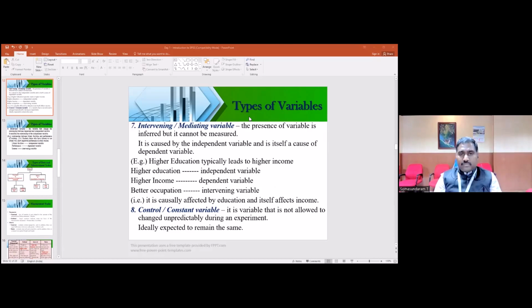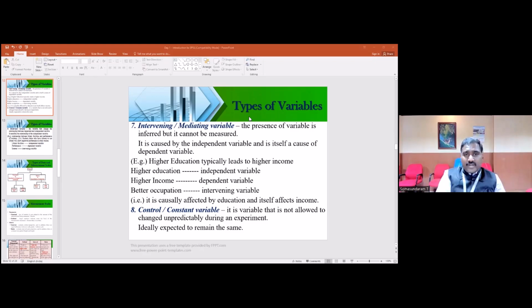Sir, I can measure my income, right? Because income depends upon education. If you're educated, you will get a very good income, right? But the range of income also depends on your job designation, or if you take a better occupation, that will be the intervening variable.